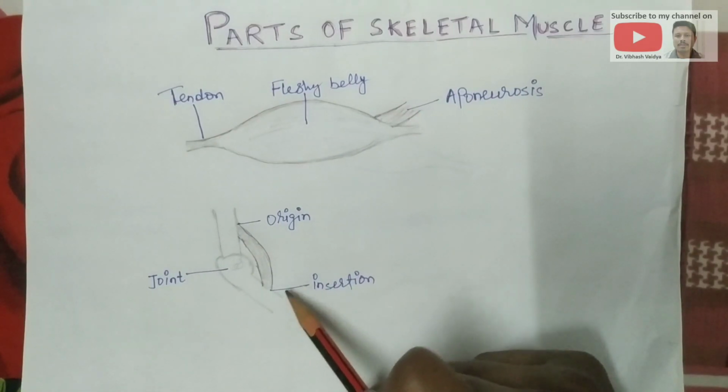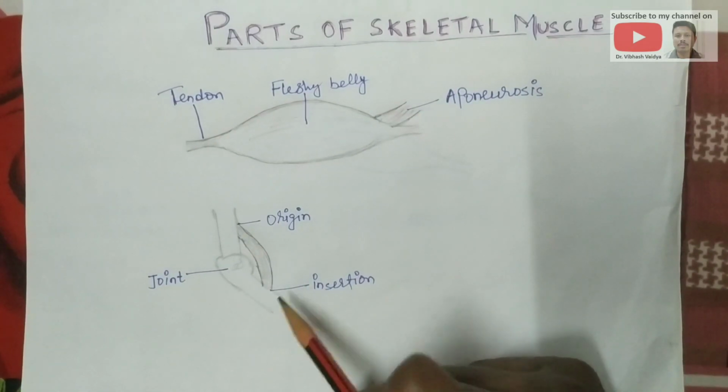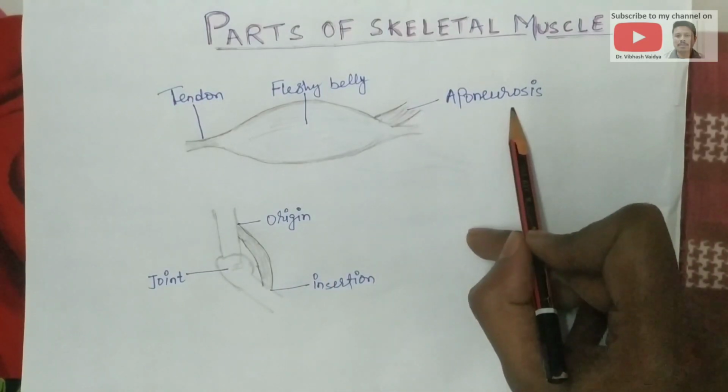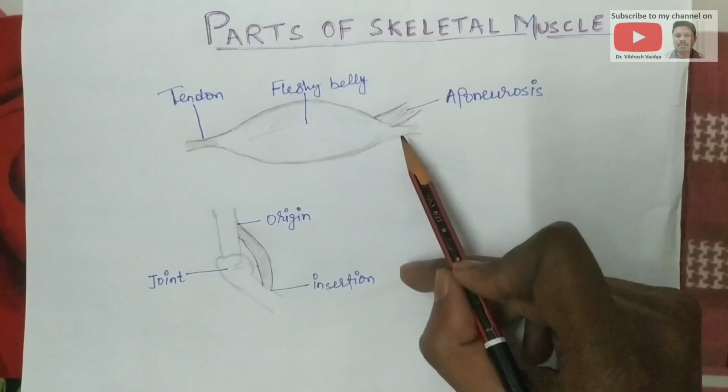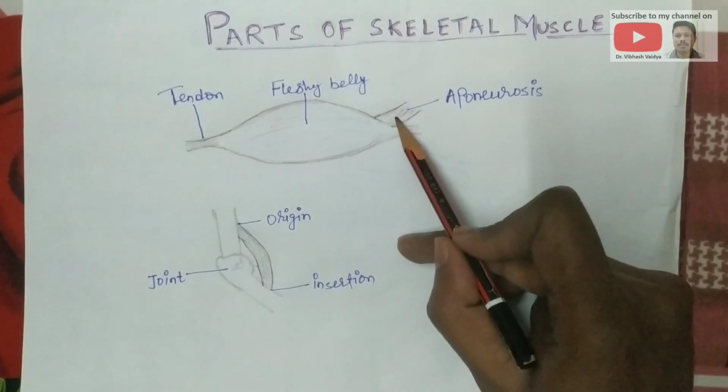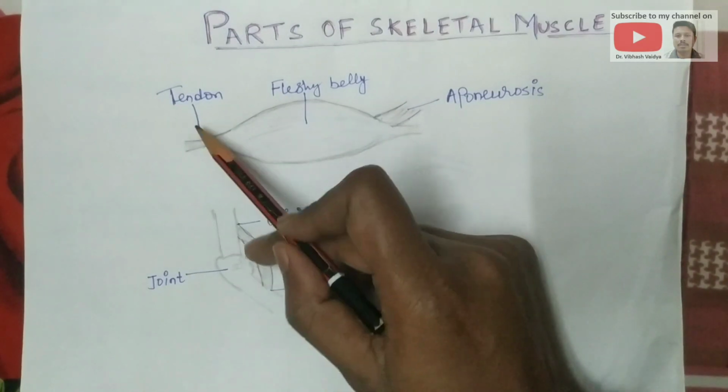So what is tendon? Tendon is a fibrous structure which is cord-like. And what is aponeurosis? Aponeurosis is a fibrous structure which is membrane-like. So membrane-like is the aponeurosis, and cord-like is the tendon.